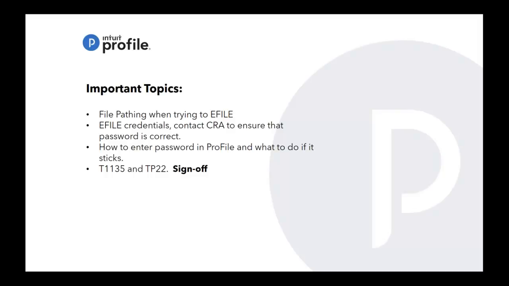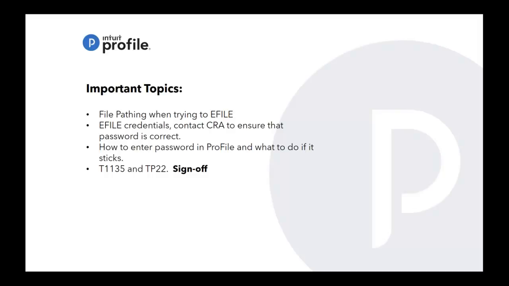If you indicate on the information page no to foreign income, and you get an audit message mentioning that you have to fill in the 1135, just sign off on that 1135, and you'll be able to send that return. Right now we're aware of it, we're fixing it. Just be aware that if you do see that error in the auditor message, all you have to do currently is just sign off on that message.